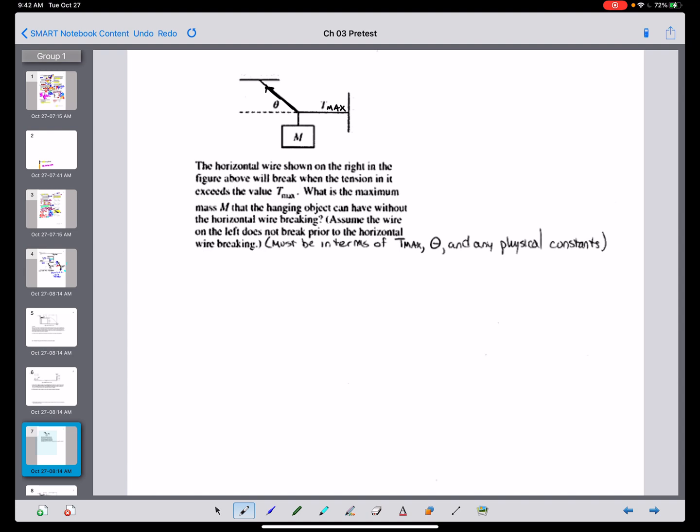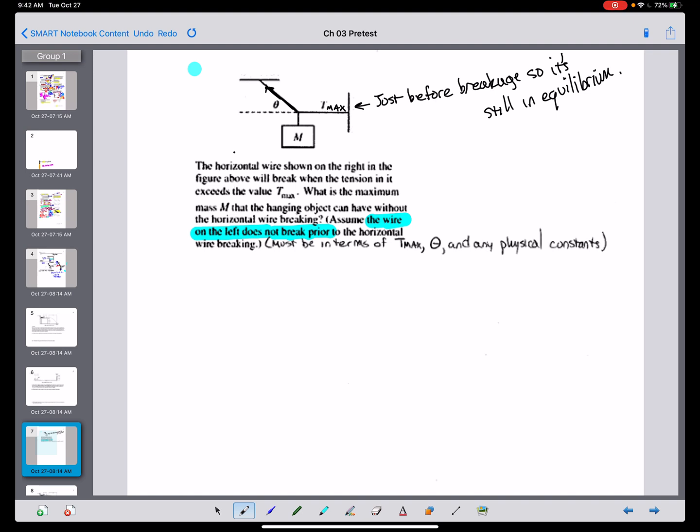Since it says to assume the wire on the left does not break, it's in equilibrium, just before breakage. So it's still in equilibrium. Don't let those things confuse you. If they say it's going to break, well, it didn't break yet. It's just the point of breakage. So that makes it simple.